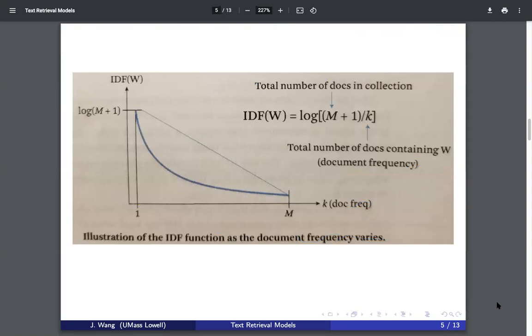Okay, so the most important slide is the previous slide. Now we just get some understanding of what this IDF looks like. So we look at this function, because the inverse document frequency is defined using a logarithmic function. So there's a log of d plus 1, where d is the number of documents.